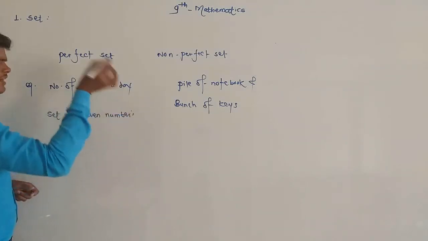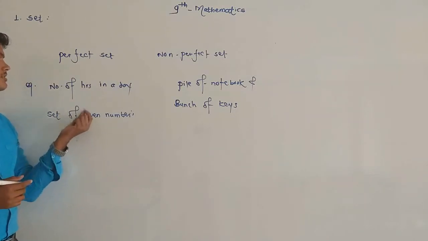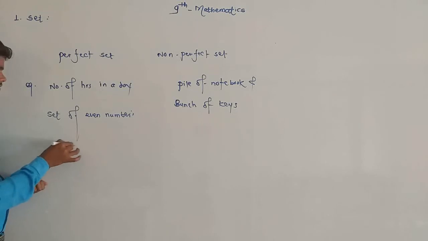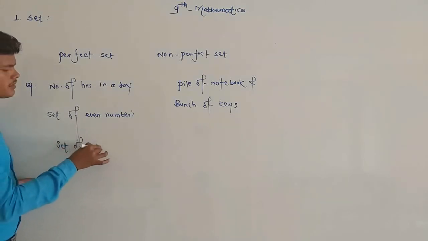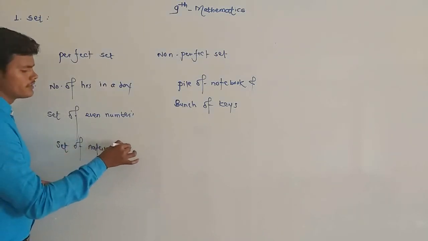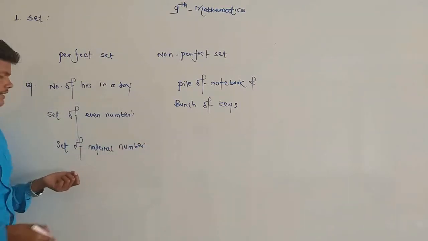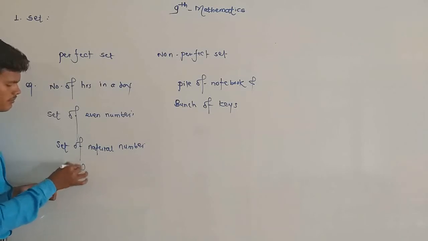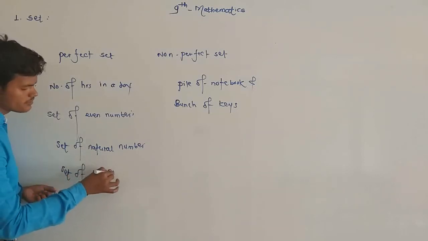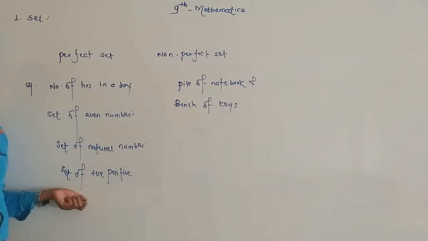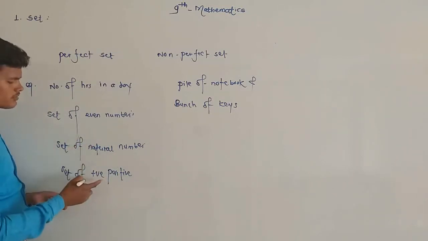There are infinite examples of a perfect set. The set of natural numbers is already defined: natural numbers start from 1 and go up to infinity. The set of positive integers also starts from 1 and goes up to infinity, which is the set of natural numbers.